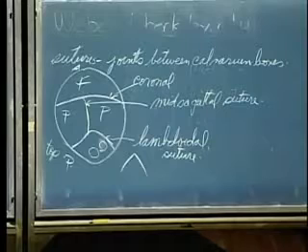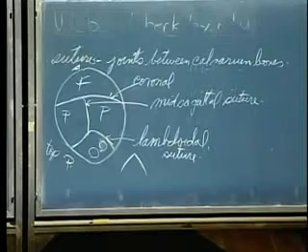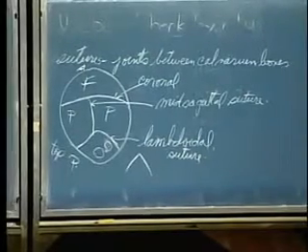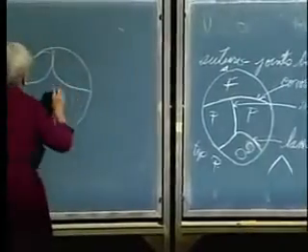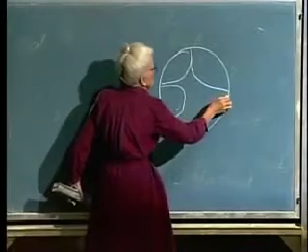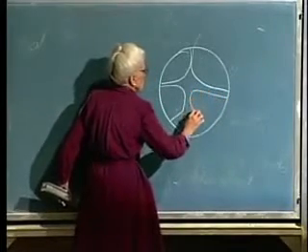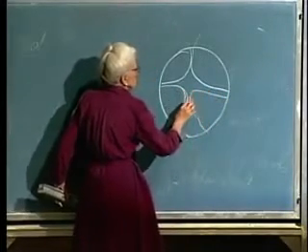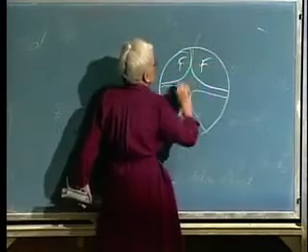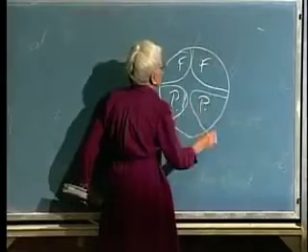How did they look when you were a baby, when your brain was growing so fast? You had two frontals. You had parietals. I'm just going to put them in crudely. So this would be frontal, frontal, parietal, parietal.